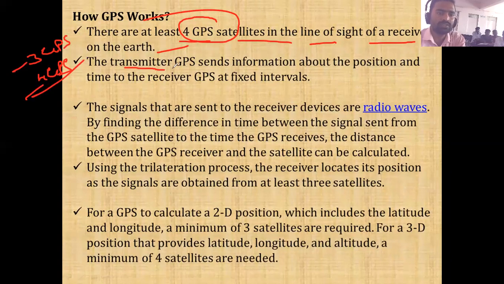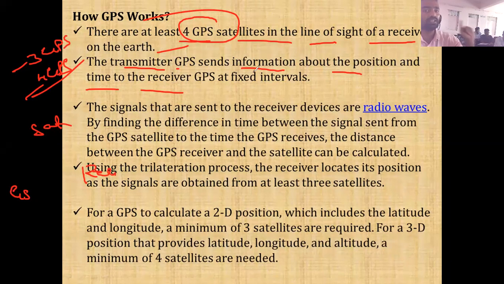The transmitter GPS sends the information about the position and the time to the receiver. Who are the transmitters? Ground stations, satellite and receiver, correct? So you are the ground station. You are sending your location to your parents.